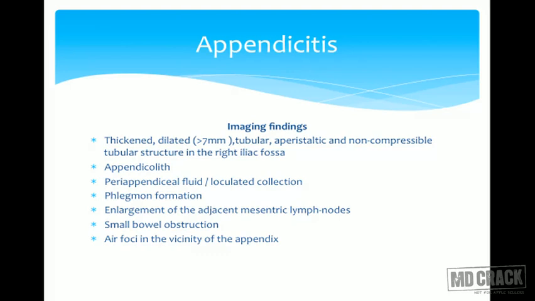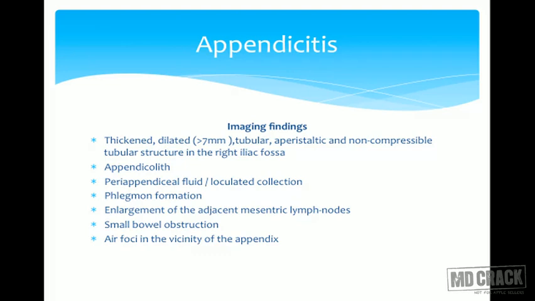or what to look for. An appendicolith may be seen on ultrasound, but this can also be seen on X-rays or on CT. Periappendiceal fluid collection or loculated collection is pretty well seen on CT and ultrasound.